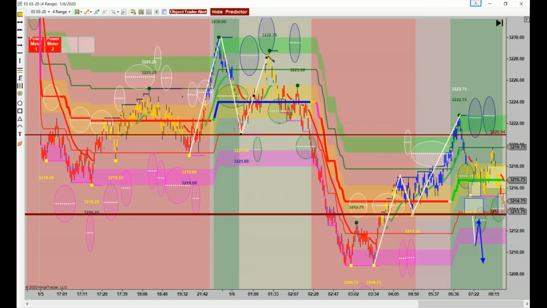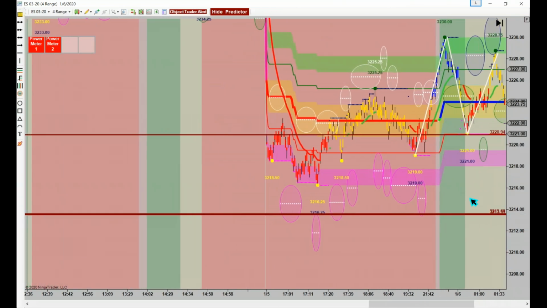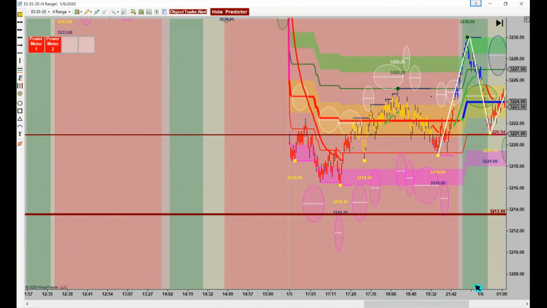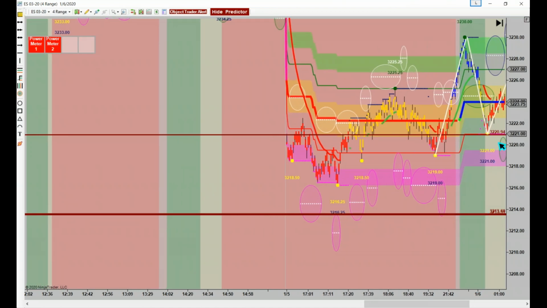And when you see that, what does it take to actually change this to a high, a low, a lower high, and a lower low when it takes out that support right there? Just like that.